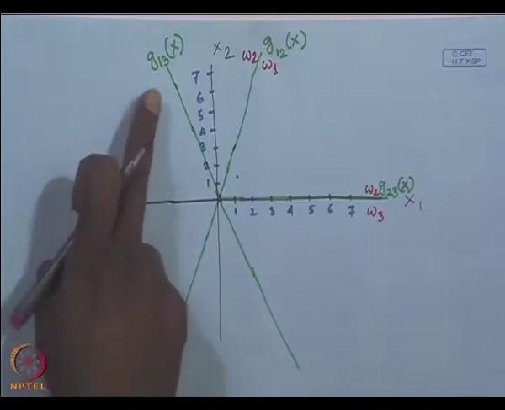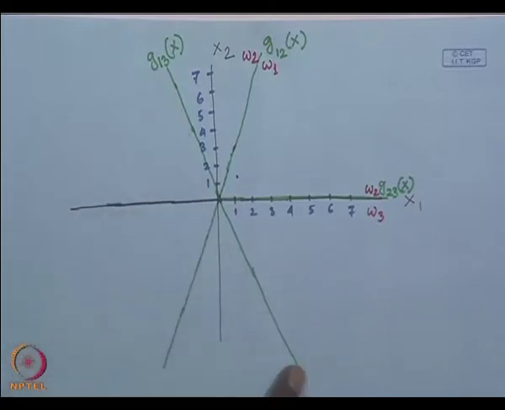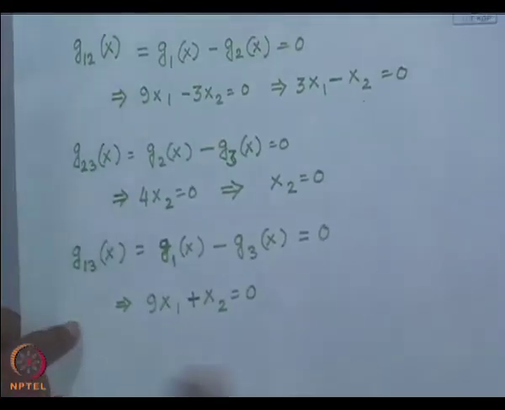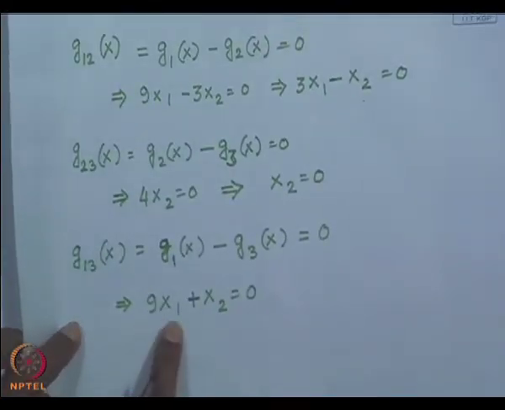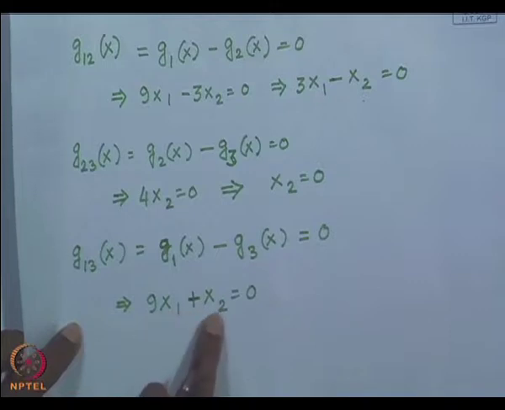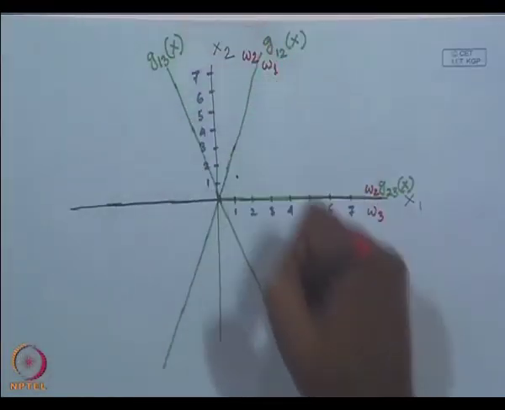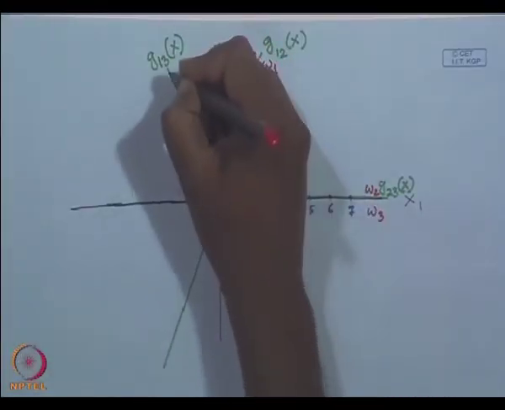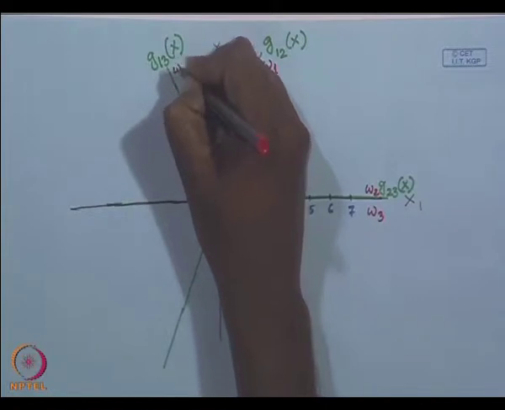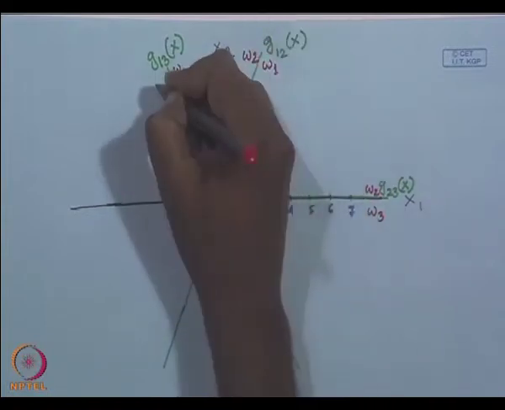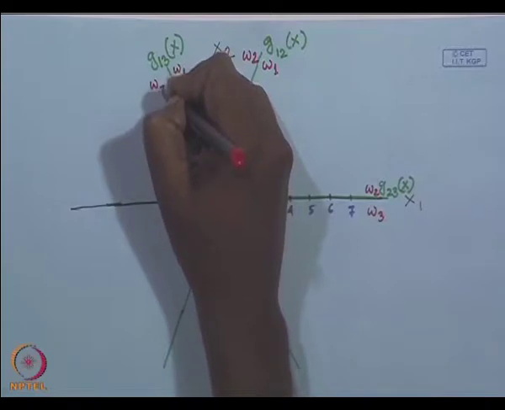Similarly, when you consider this G13 x, you find that G13 x is nothing but 9 x1 plus x2. So, if I set x1 equal to 1, x2 equal to 1, this is nothing but 10, which is positive. So, coming to this G13 x, this side of the decision boundary gives me class omega 1 and this side of the decision boundary gives me class omega 3.